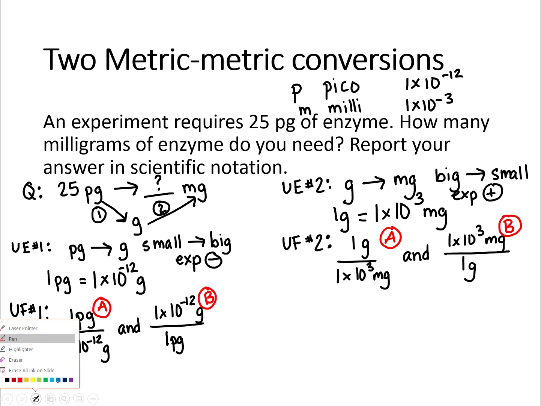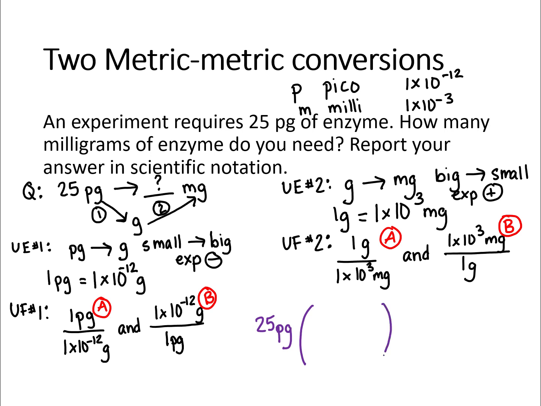Gonna switch up some colors because this just needs some brightness. So we're starting with 25 picograms. Which unit factor are we going to use from our first set to go from picograms to grams?